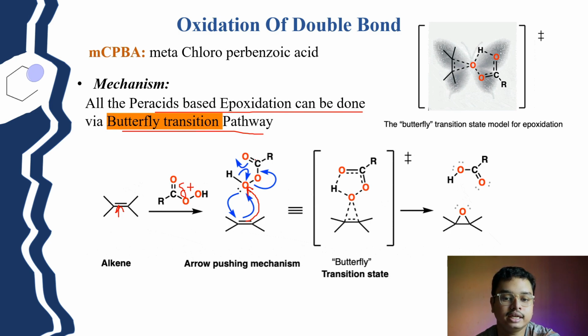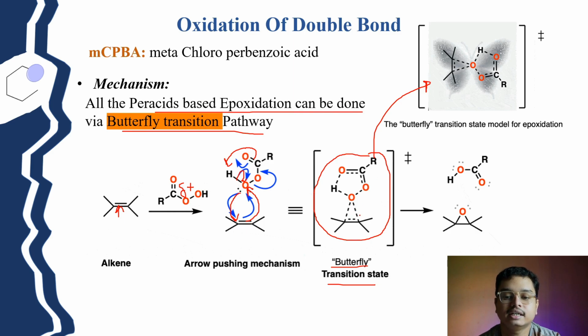This then opens up and captures the OH hydrogen here, and this bond now comes to the oxygen center. This will reversely attack the electropositive center, and that's why it generates this type of transition state, which looks like a butterfly, as depicted here. This is called the butterfly transition state.